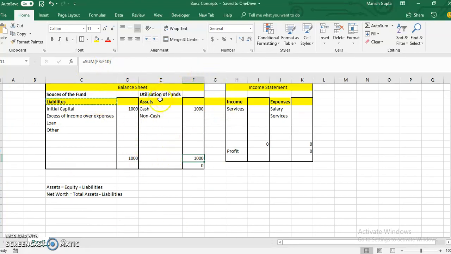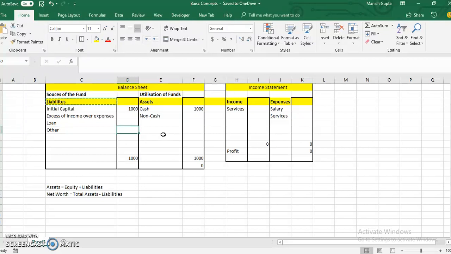This is also called the debit side, and this is called the credit side. Why they are called debit and credit, I also don't know, since it has been so since the starting of accounting, I guess. But for our course, we will not be using these terms. We will just be using assets and liabilities.